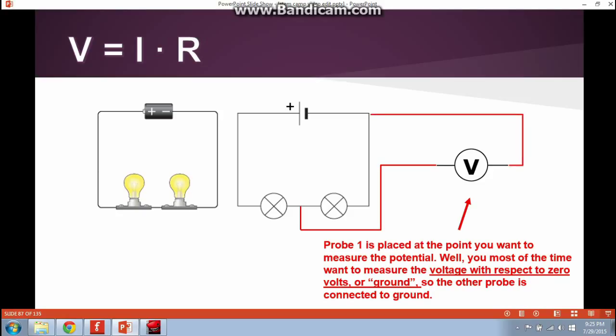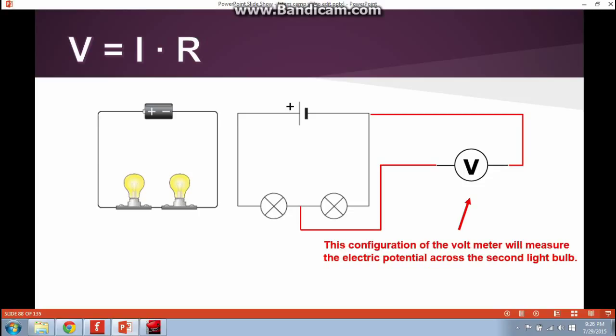So the other probe is connected to where there's 0 electric potential, which we call ground. Now that this is hooked up, probe number 1, the one going in between the light bulbs, is measuring the potential across that light bulb.